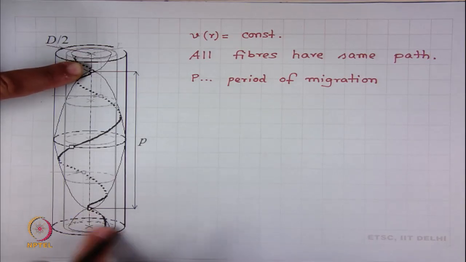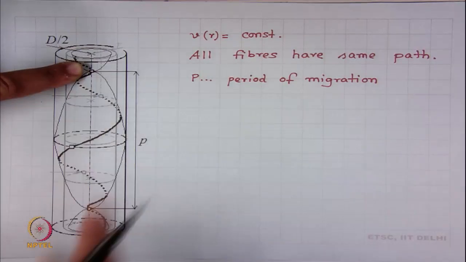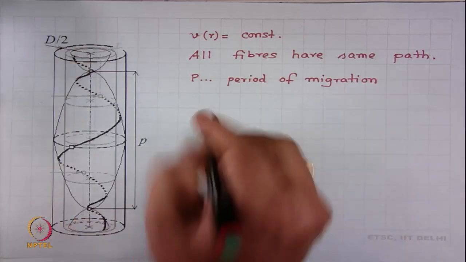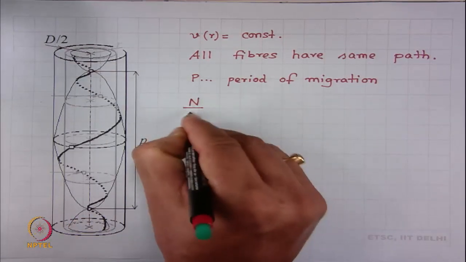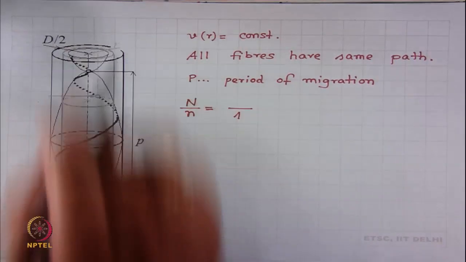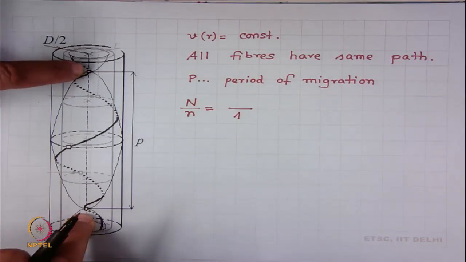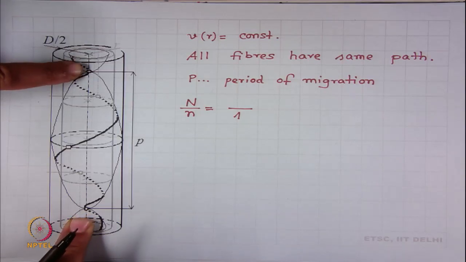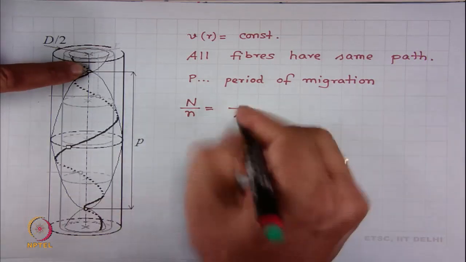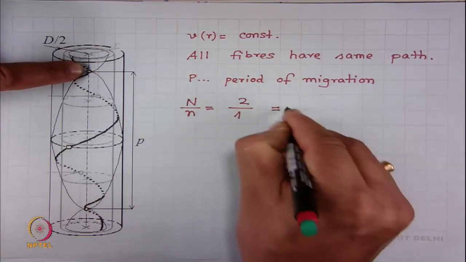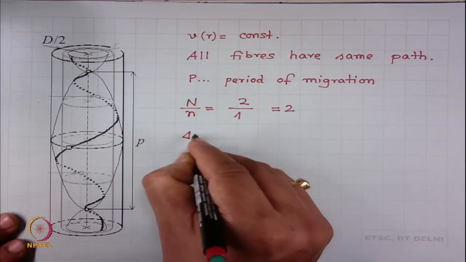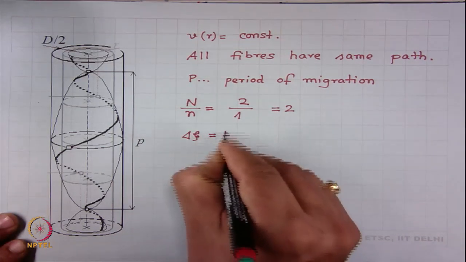If we consider 1 fiber, then capital N is 2, small n is 1. Capital N is 2, because 2 times it will intersect, then only the definition of period of migration will come into play. So, N is 2, right. Delta zeta is P.